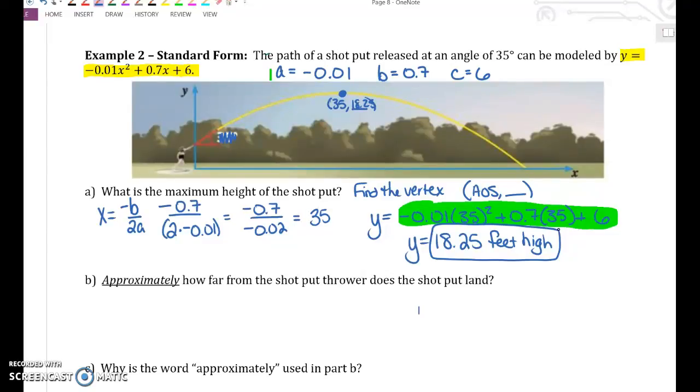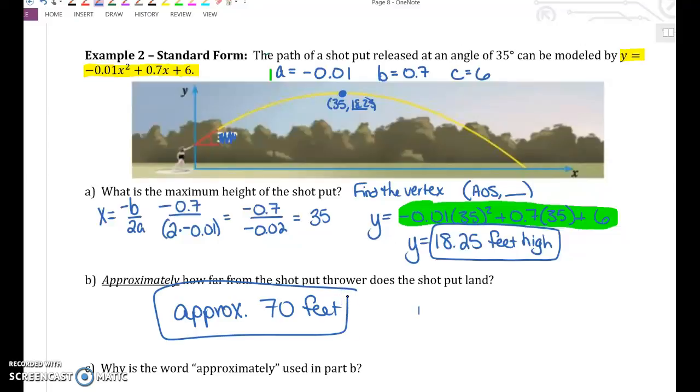Approximately, how far from the shot put thrower does the shot put land? Approximately 70. Now, why are we saying approximately? Okay, so from the shot put thrower to where the vertex is, that's about 35 feet.